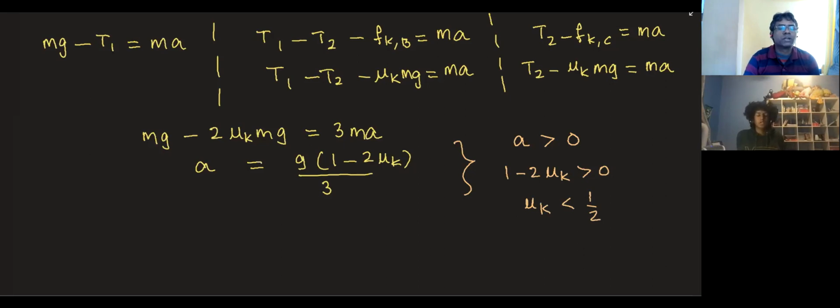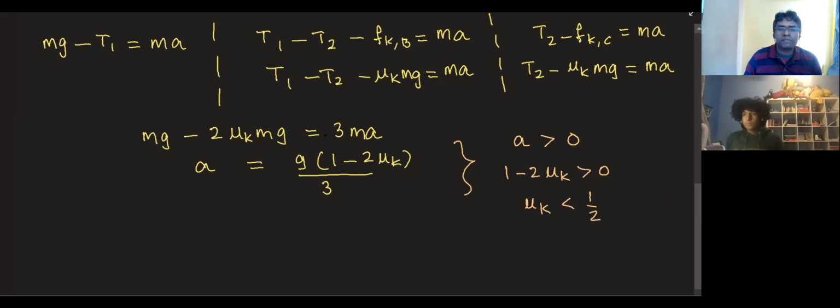Then if the friction force is greater than the downward force, it will become negative then, right? But negative is not possible. So what is the physics? It has to go down, or the other possibility is it has to stay at rest. So this is one thing that we can look at.